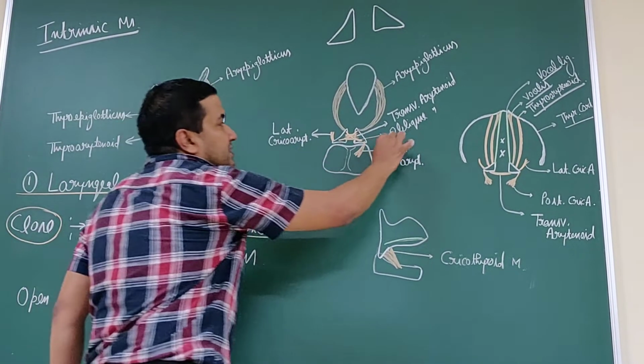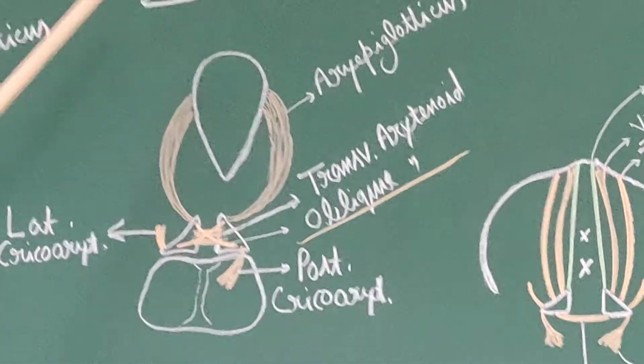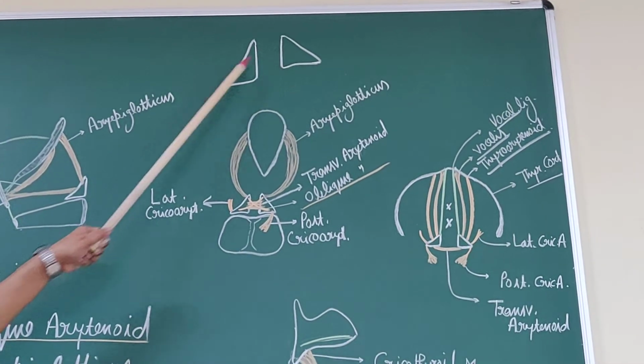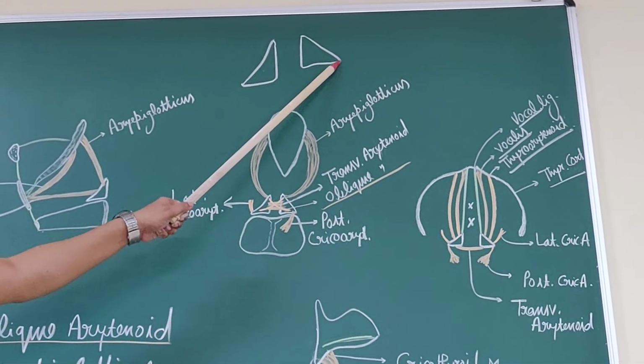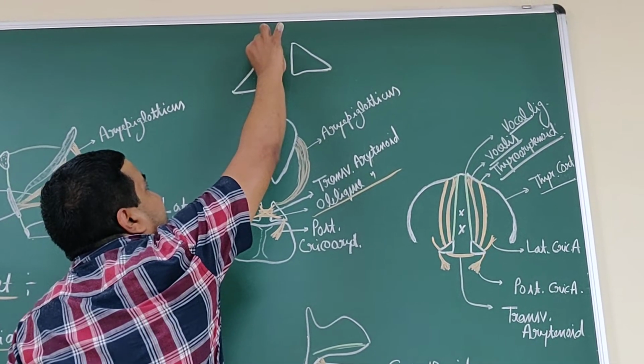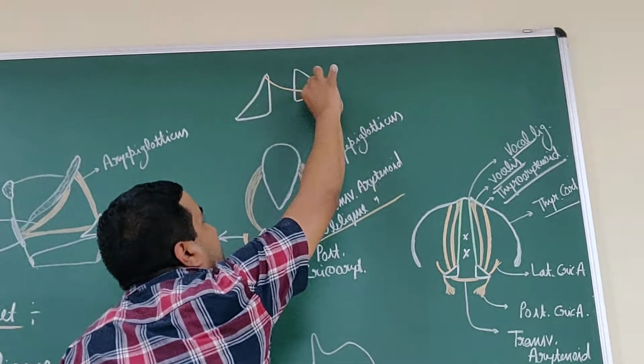In this diagram, this is the arytenoid cartilage, with apex, base, and the muscular process. The oblique arytenoid, as the name indicates, connects the apex to the muscular process of the other side.